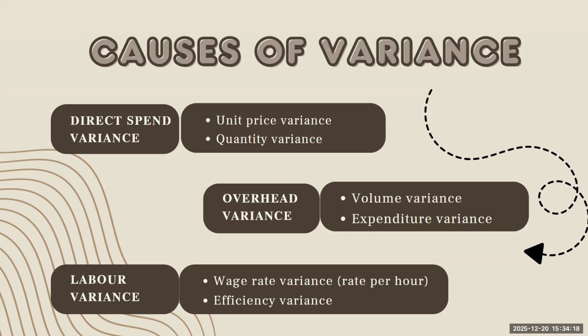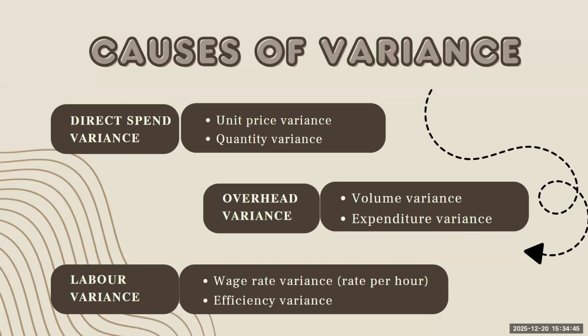So we need to understand how this may differ and what are the reasons for this difference. Therefore, with direct spend, we need to identify whether it is from the unit price or the quantity that caused the variance, and we can adjust it in the upcoming period rather than leave it static and ignore the plan altogether.